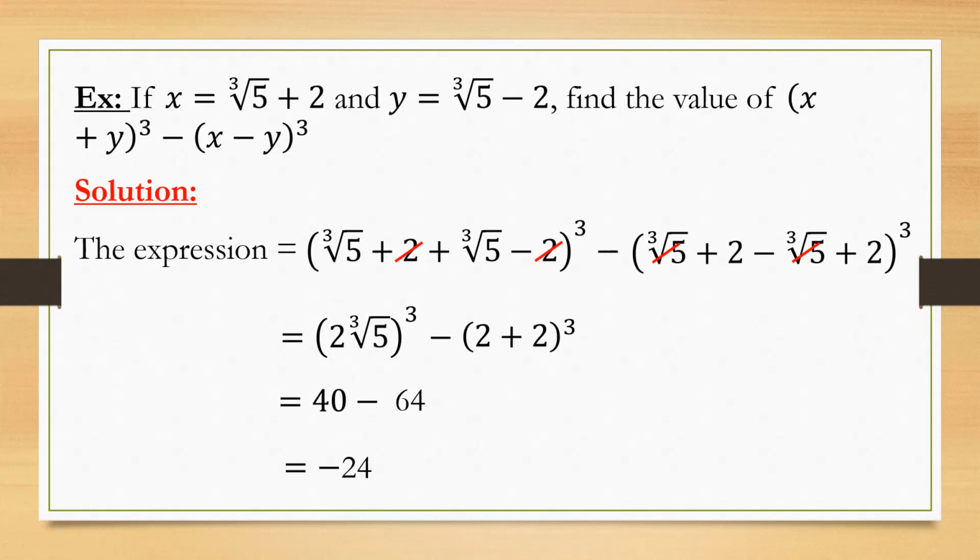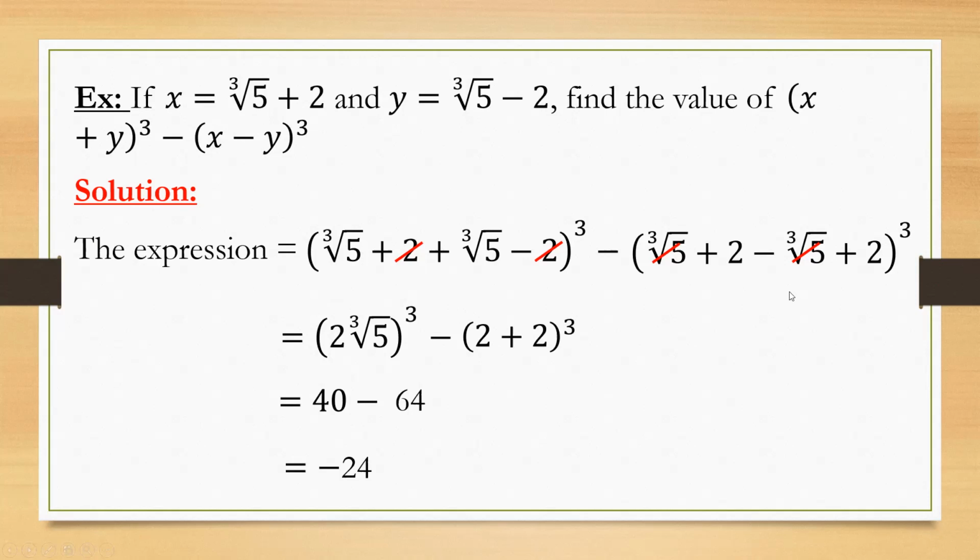Again, if I have x cubic root 5 plus 2 and y cubic root 5 minus 2, I want here the value of (x plus y) all power 3 minus (x minus y) all power 3. I'll put first bracket here x plus y. X plus y means cubic root 5 plus 2 plus cubic root 5 minus 2, all power 3 in the first bracket, minus the second bracket x minus y.